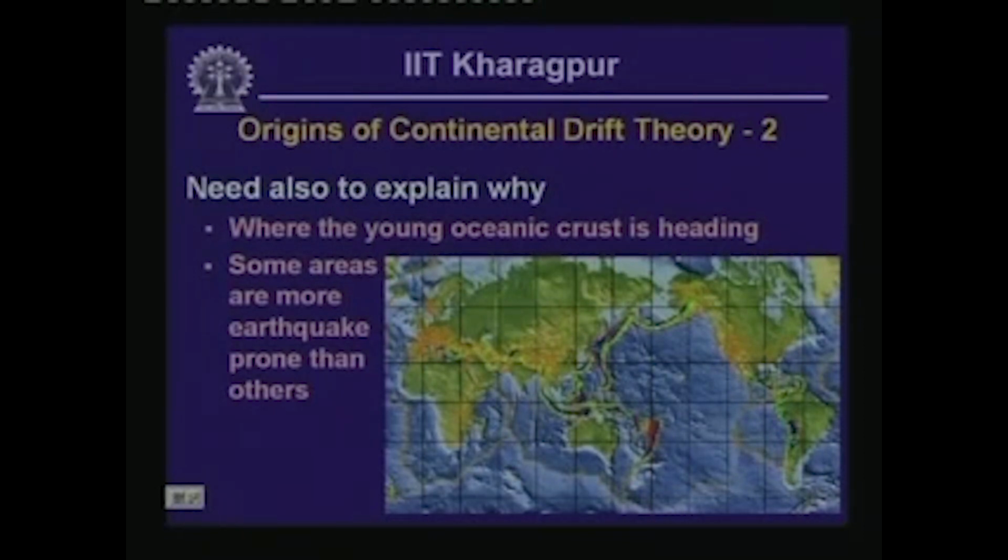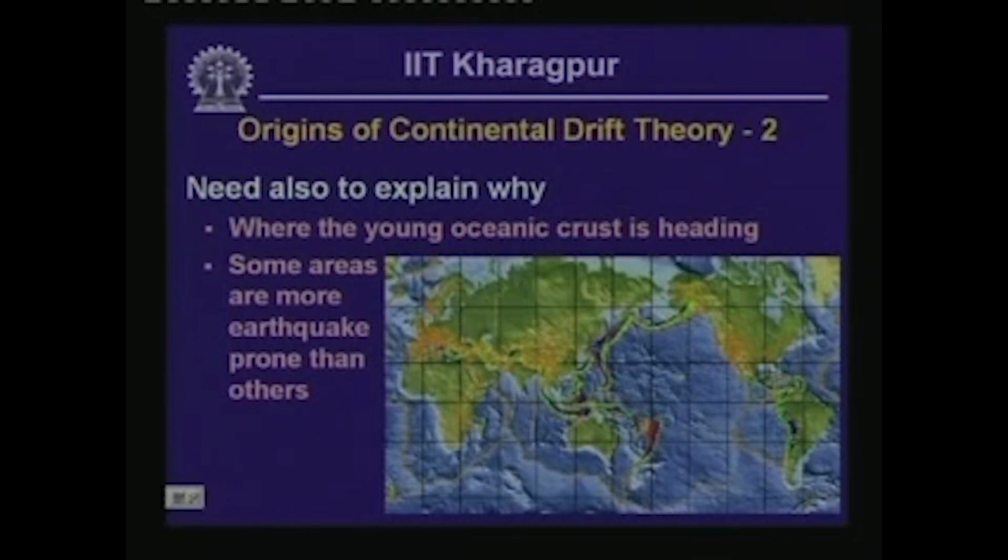That becomes clear if you plot the location of the earthquakes that have been taking place on the surface of the Earth on the map, and what is seen is that the earthquakes are clustered preferentially in some parts of the globe, whereas other parts are much more stable so far as earthquakes or seismicity is concerned. Earthquake activity is called seismicity, as you might know already.